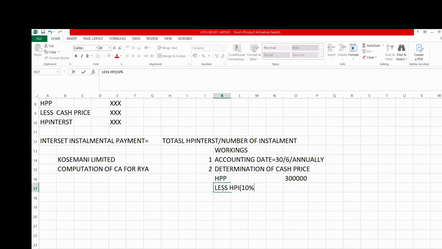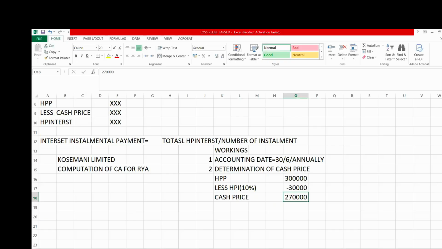So 10% of 300,000 gives us 30,000. The resulting figure gives us the cash price of 270,000. It is this cash price that will be available for the capital allowance claim.